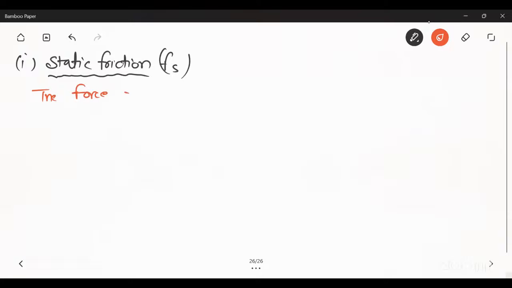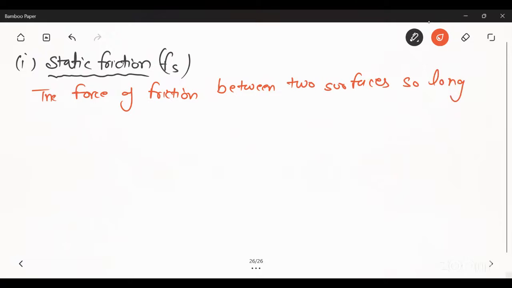The force of friction between two surfaces so long as there is no relative motion between them.